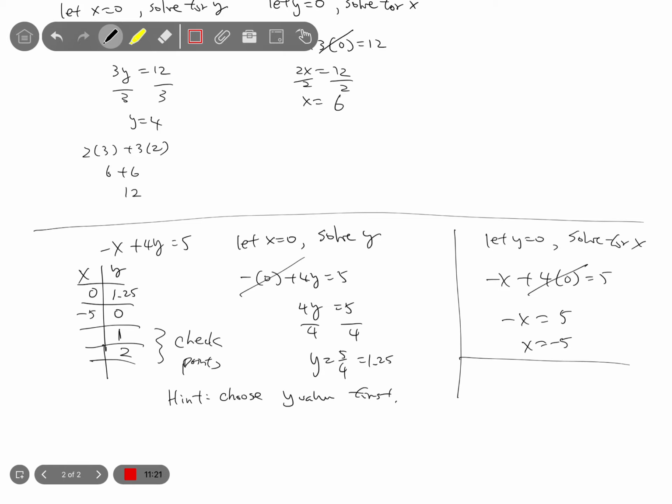Okay, notice if y equals 1, you have negative x plus 4 times 1 equals 5. That's negative x plus 4 equals 5. Minus 4 on both sides, you get negative x equals 1, which means x equals negative 1.